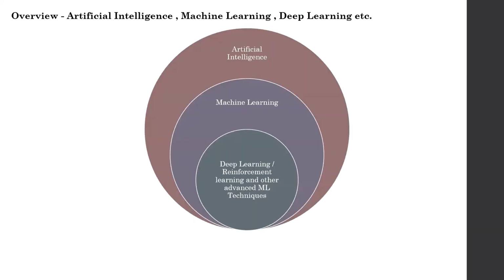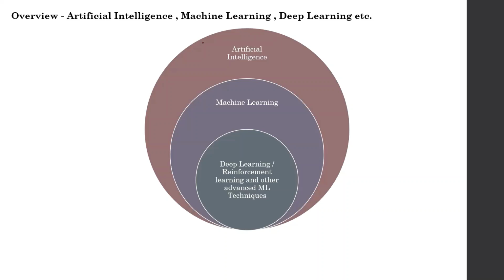Okay, so when you hear or read about topics in artificial intelligence, there are various terms and concepts that come into play. For example, we have artificial intelligence, sometimes referred to as machine learning and deep learning, etc. So, what are they actually?